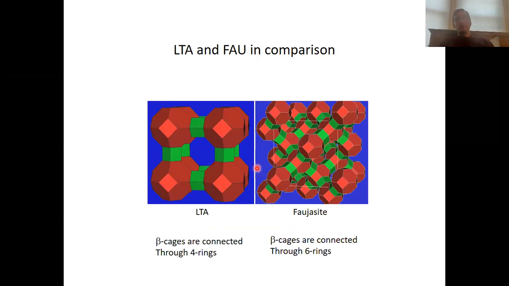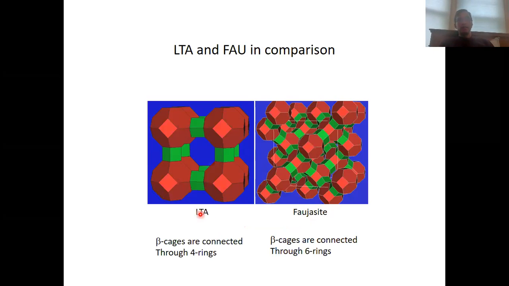Here are just a few more examples. This is the LTA structure, while this is the FAU structure. Both contain beta cages, but these beta cages are interconnected differently.